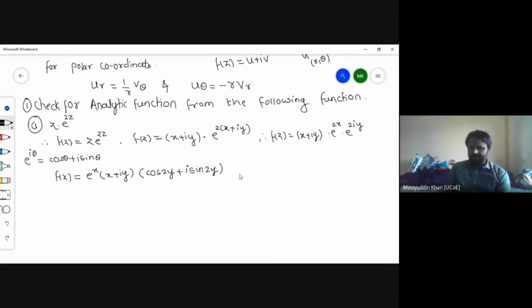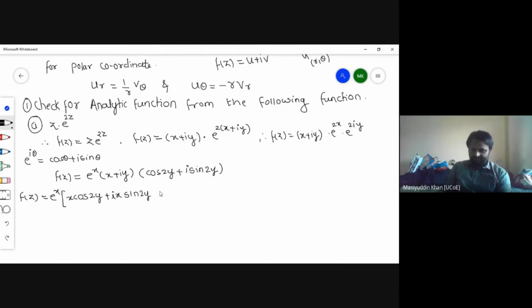Now again I'm going to multiply with this part. So f of z is equal to e raised to 2x as it is, so x into cos 2y plus i into x sine of 2y, multiplied with this part.